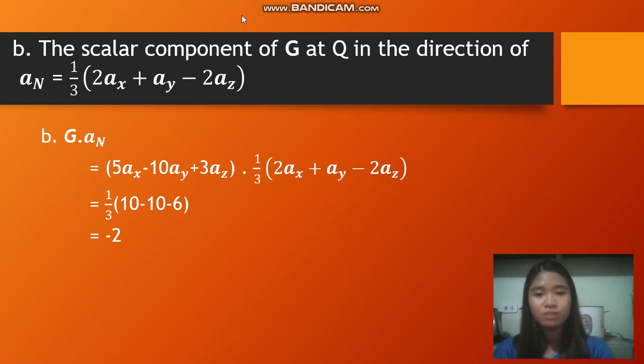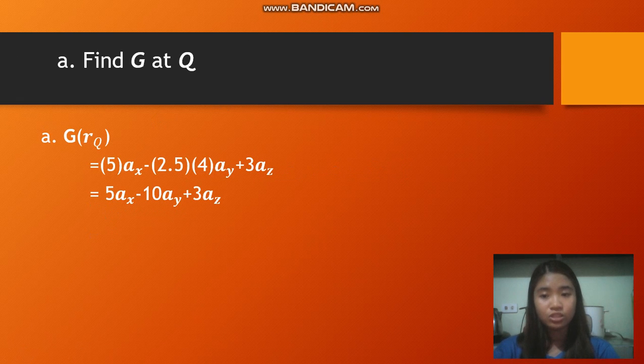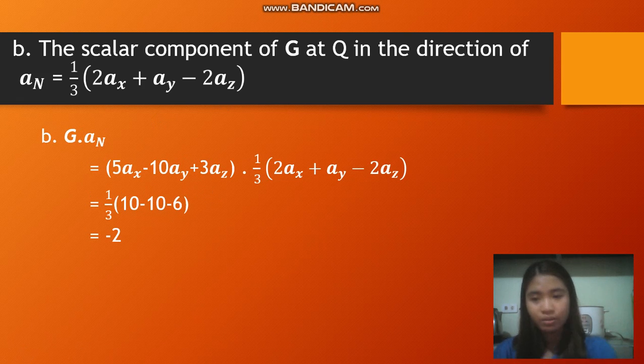Next naman, letter B. Hanapin naman daw yung scalar component of G at Q in the direction a sub n equals 1/3 times 2a sub x plus a sub y minus 2a sub z. Kanina, ang nakuha natin is yung G, so imumultiply naman natin yung vector na G doon sa a sub n. Madali lang.